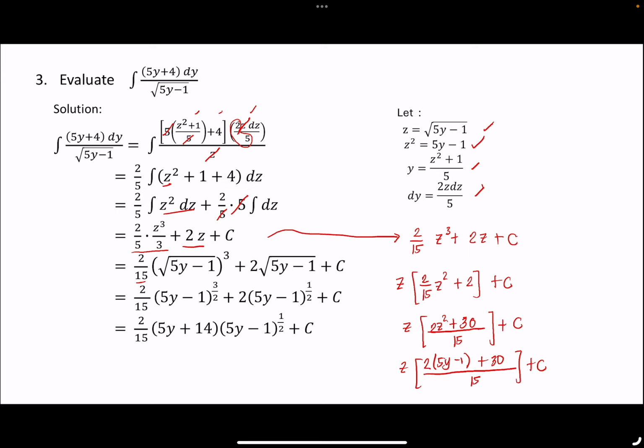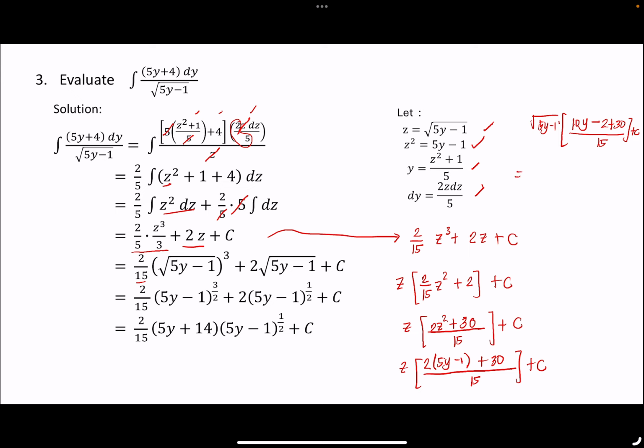So we have z, which is the square root of 5y minus 1, times 2 times 5y, so that is 10y minus 2 plus 30 all over 15, plus c.